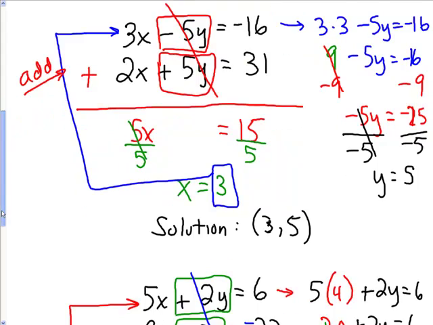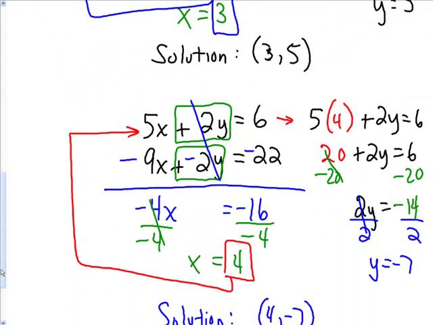When we have the opposite situation, when we have two terms that have the same sign, so we have positive 2y in each equation, we are going to subtract. Remember, we're subtracting the entire equation, so that is going to change the sign.